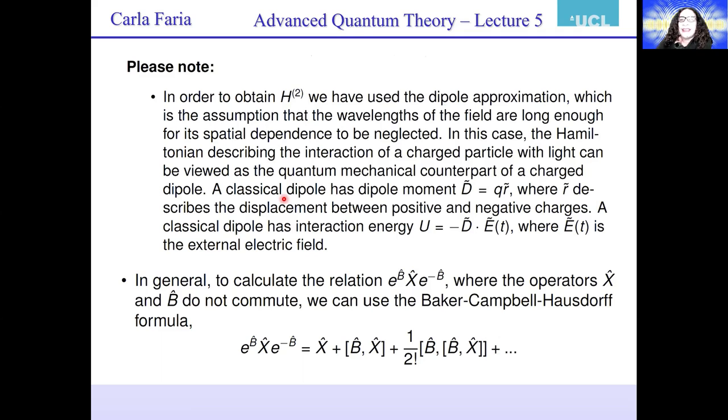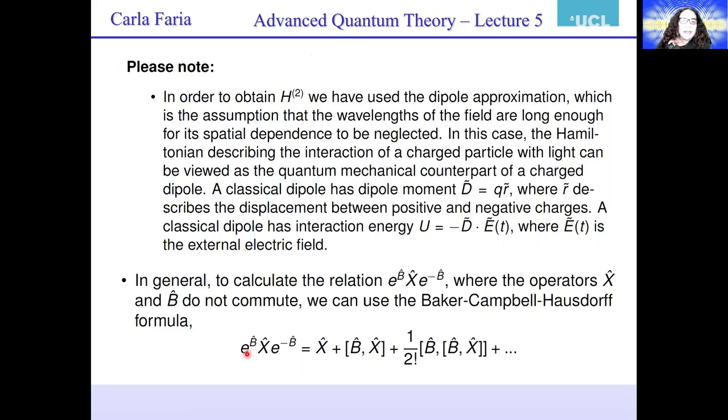And in this case, you can view the Hamiltonian describing the interaction between light and the charged particle as a quantum mechanical counterpart of a charged dipole. And a classical dipole has a dipole moment which is given by this. By the way, these tildes here are vectors. It's just my dyslexic friendly font does this, I don't know why, where R describes the displacement between positive and negative charges. And if you look at the classical dipole, the interaction energy is going to be given by this, where E(t) is the external electric field.